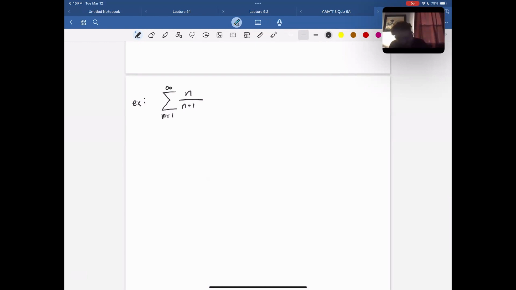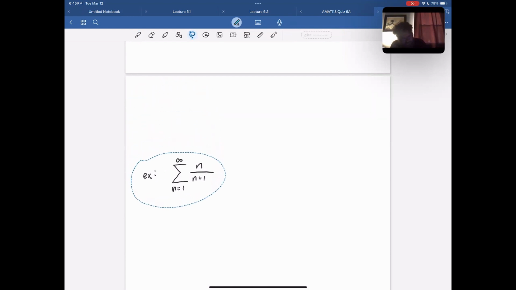So how do we know that? Well, we can use the following theorem.